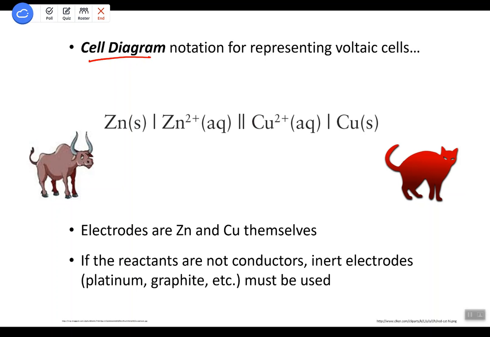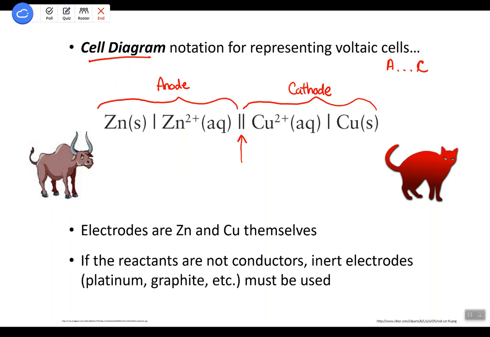So the first thing to know is that the left-hand side is always the anode, while the right-hand side is the cathode. The way I remember this is that this is alphabetical order. A comes before C. The anode and the cathode are separated by a double straight line, and this is representative of the salt bridge.